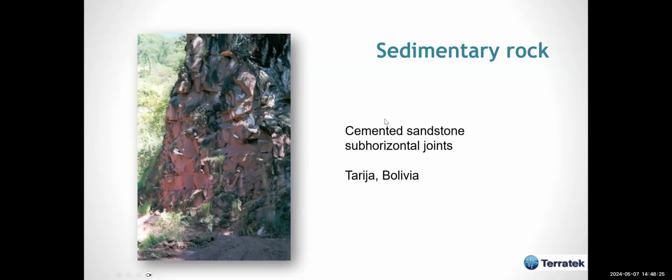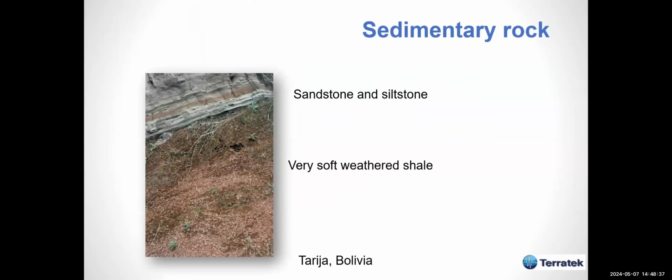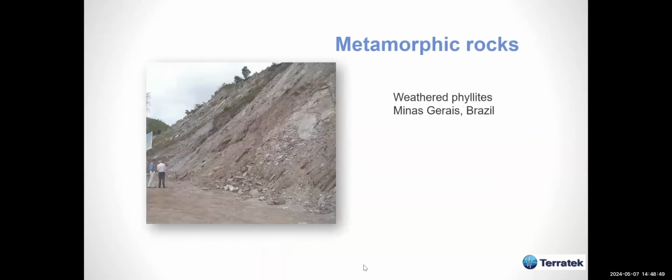As you see here, cemented sandstones, and as you see the color, sandstone is often very red. Sedimentary rock, like we have here sandstone and siltstone, and very soft weathered shales from Tarija in Bolivia.